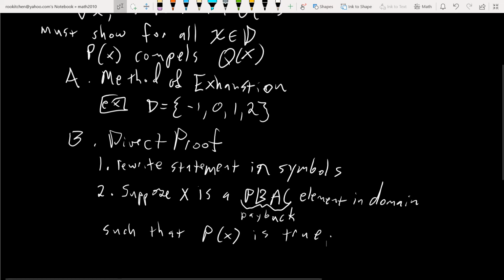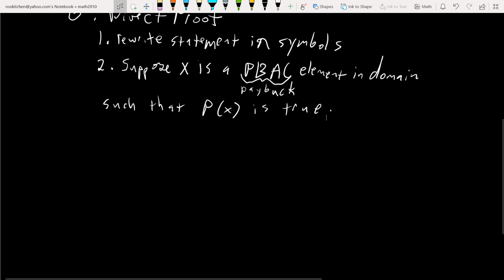Okay. Suppose x is a payback element in the domain such that p of x is true. Now will come the body of the proof. And what is happening here, you're showing that q of x follows somehow.